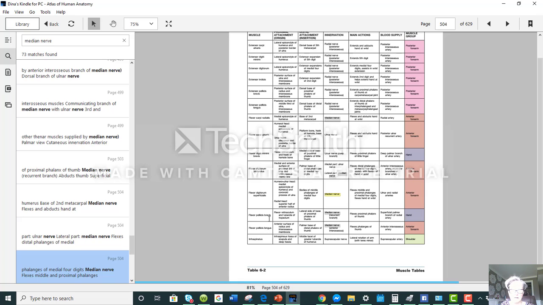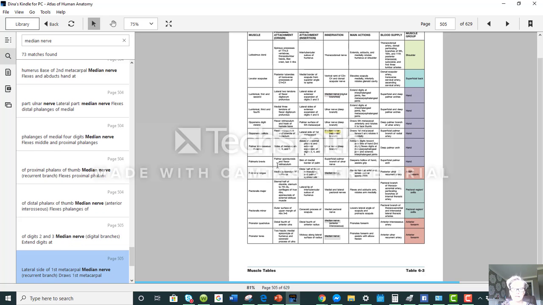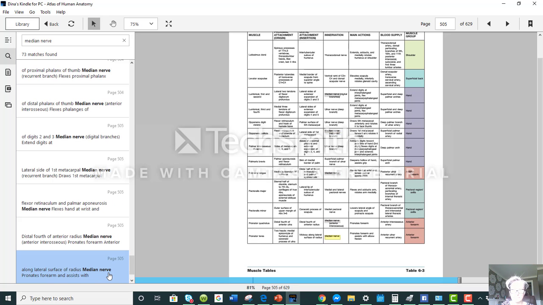Flexor pollicis brevis, flexor pollicis longus. The lumbricals first and second, opponens pollicis, palmaris longus, pronator quadratus, pronator teres, and that's it.